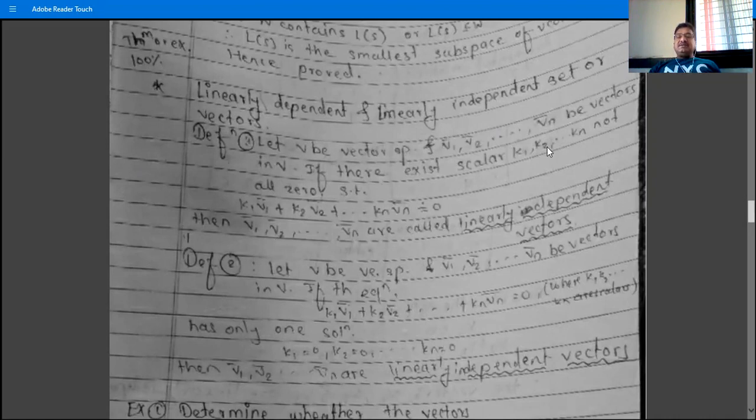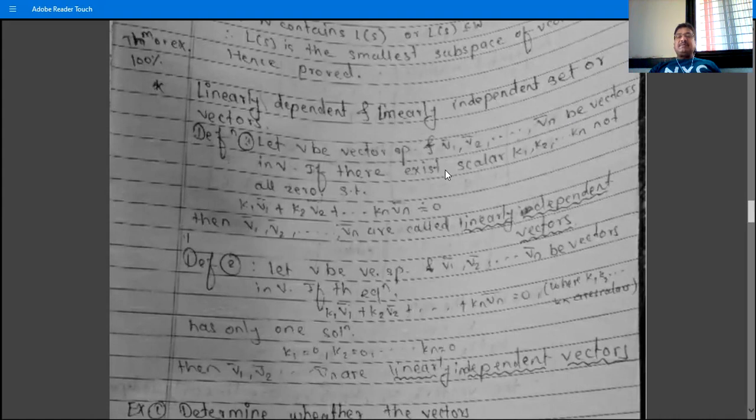If there exist scalars k1, k2, ..., kn, not all 0, this phrase is important, then their linear combination with v1, v2, ..., vn is 0.